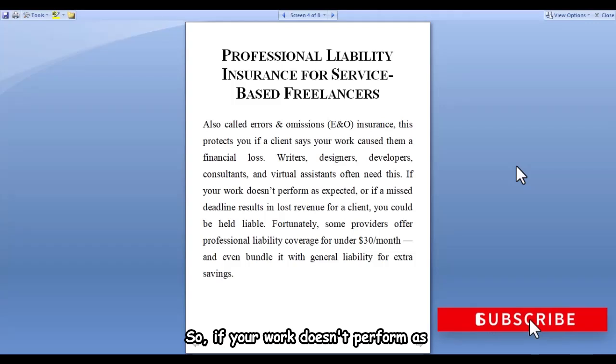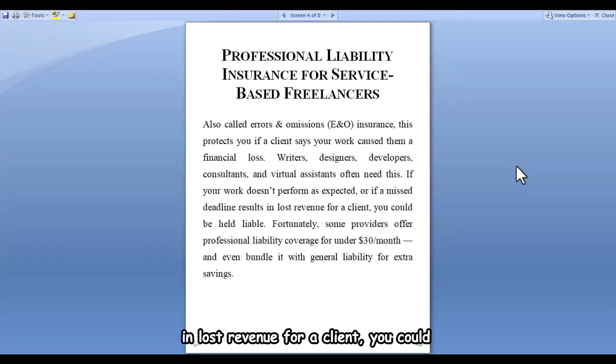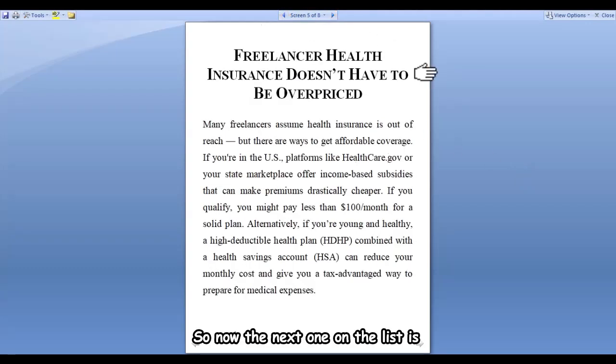If your work doesn't perform as expected, or if a missed deadline results in lost revenue for a client, you could be held liable. Fortunately, some providers offer professional liability coverage for under $30 monthly, and even bundle it with general liability for extra savings.